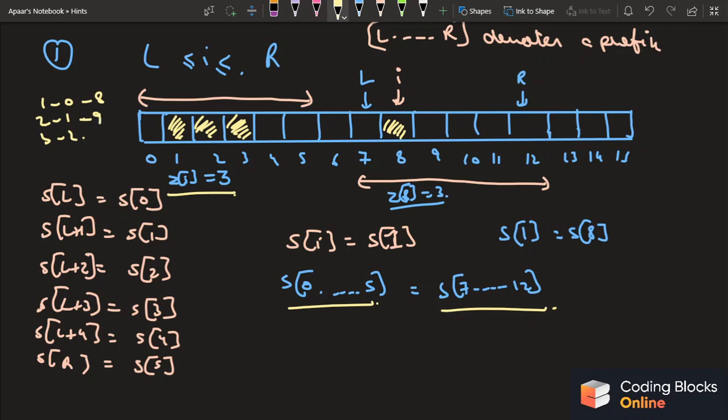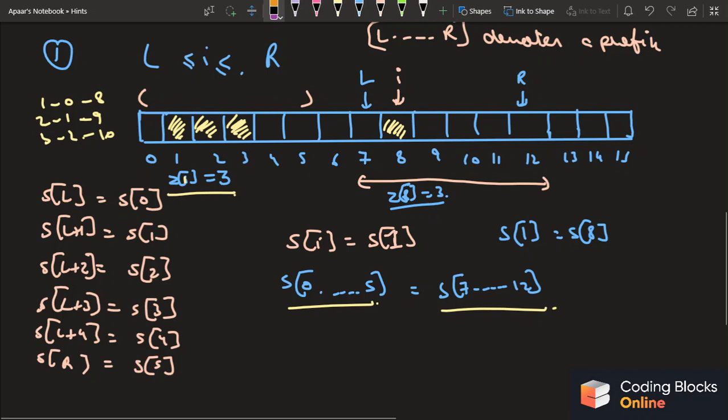S9 should be equal to s1, and s10 should be equal to s2, right? Why? Because these strings were equal, and if z of 1 is 3, that means this was the longest substring that I got starting at index 1, which was also a prefix of s, right?